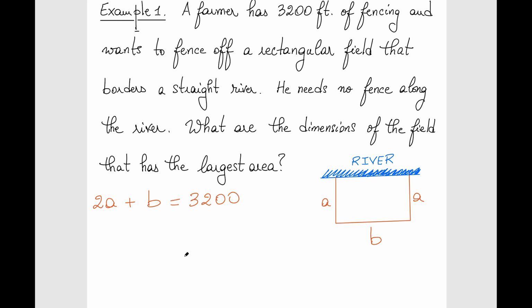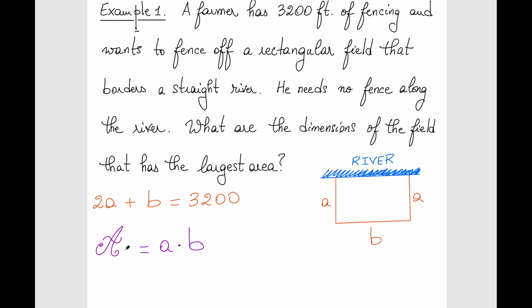So what's the area function of this shape? Let's call it calligraphic A, the area of this rectangle. The area of this is A times B, correct? And A is this measure, and B is this measure. As such, this function calligraphic A is a function of two variables, little a and little b.